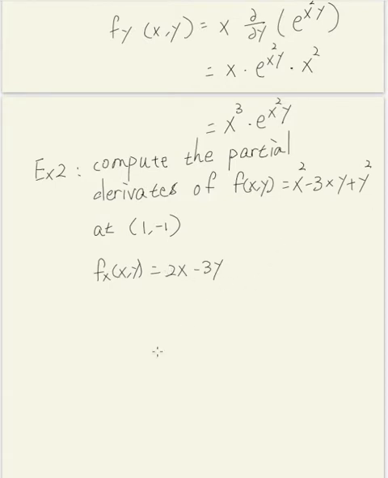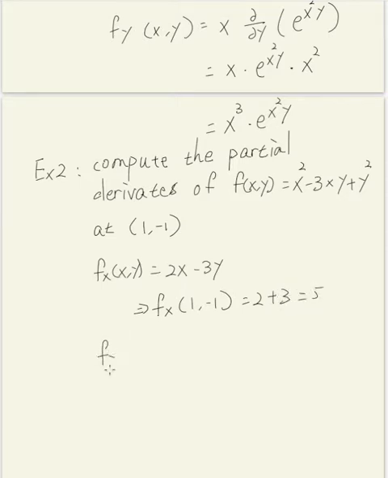So we get 2x minus 3y, and therefore the derivative at (1, -1) is 2 minus minus 3, so plus 3 equals 5.